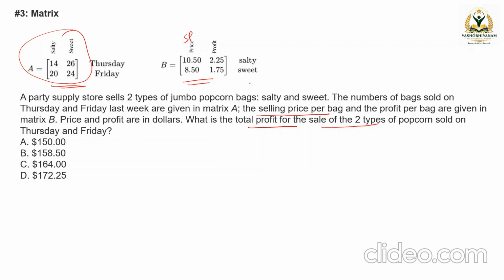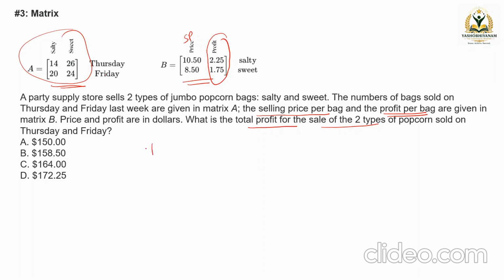Overall profit is what is asked here, which means that you are going to be more bothered about this column in the matrix B, right? So this is your profit, profit per bag. But you know the number of salty bags and sweet bags sold on Thursday and Friday.